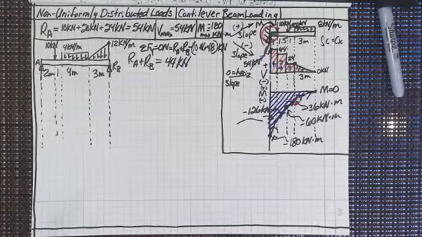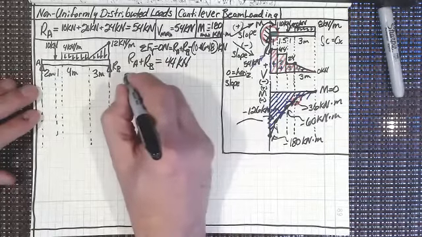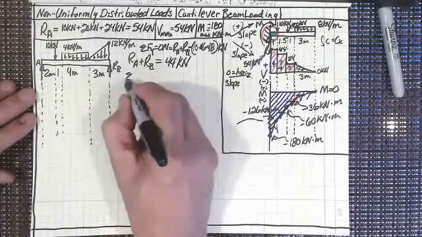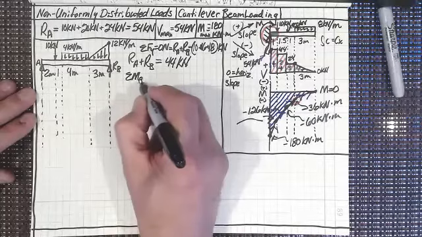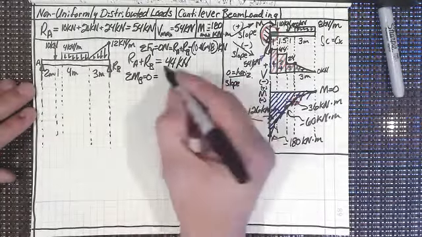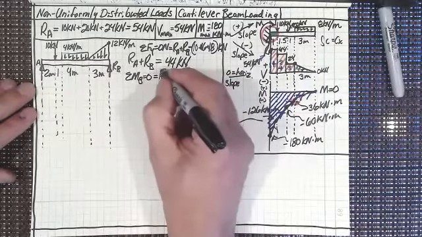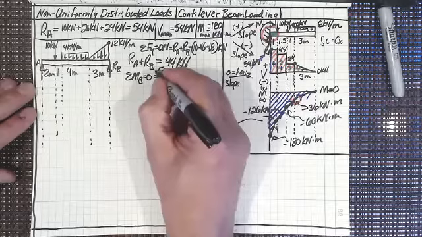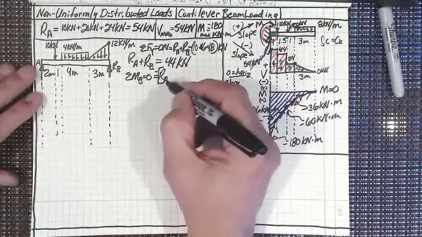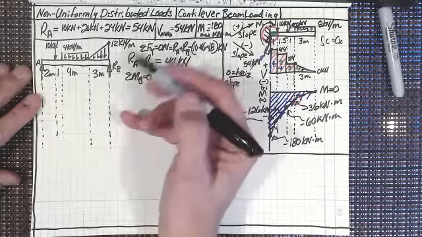Now, let's sum moments. We can do it with A or B. I like to do it with B, so summing the moments about B equal to 0. Well, we've got R_A. That's going counterclockwise, so that's going to be a negative. So R_A times, is that 9?